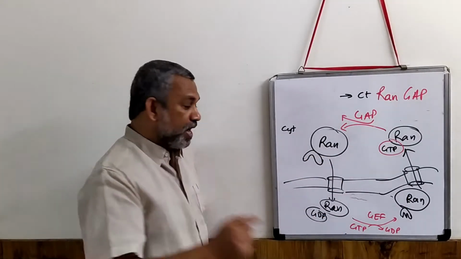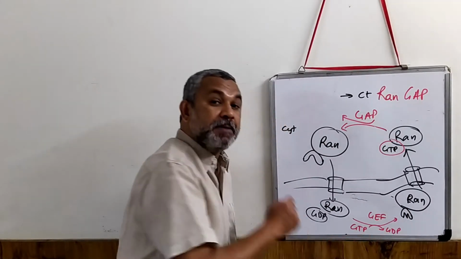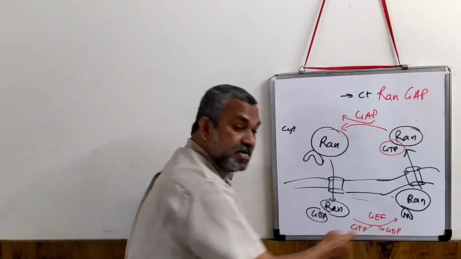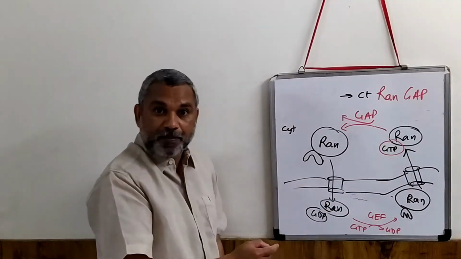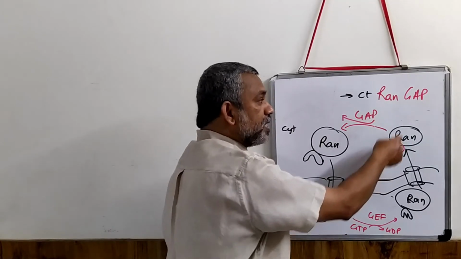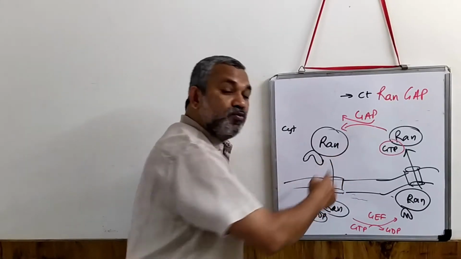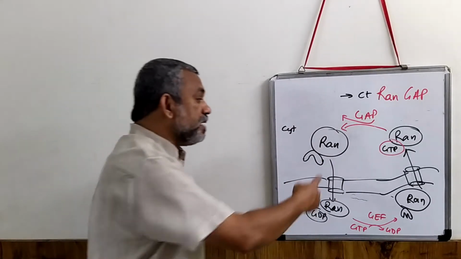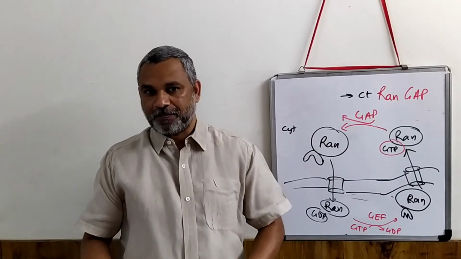In the nucleus, you have the GEF enzyme, and the GEF enzyme will replace the GDP with the GTP, and the GTP-bound Ran is transported into the cytoplasm. Once it is in the cytoplasm, you have the next enzyme, the GTPase-activating enzyme, which will convert the GTP to a GDP, and this cycle continues.